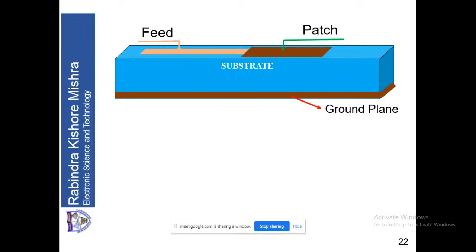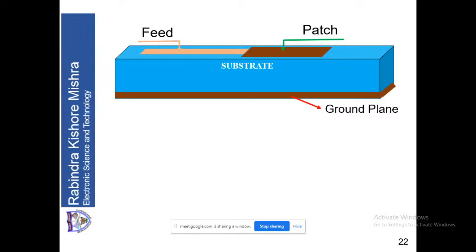So this is something like a capacitor. If it is a capacitor, then it will be an energy storing device. So from this, there cannot be any radiation because energy will be stored. Minimum energy will go out. So it cannot radiate.